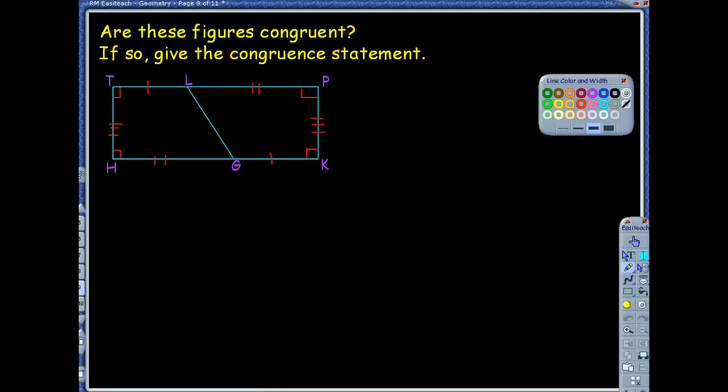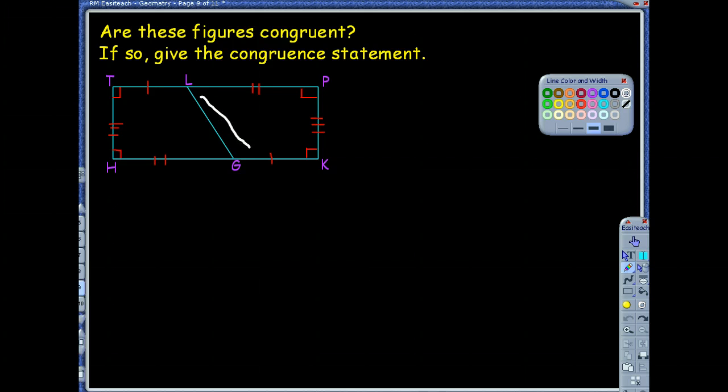We want to determine, are these figures congruent, and if so, give the congruence statement. Let's talk about the pieces. How many sides do we have on each one of these figures? It looks like there are 4 sides and 4 angles.